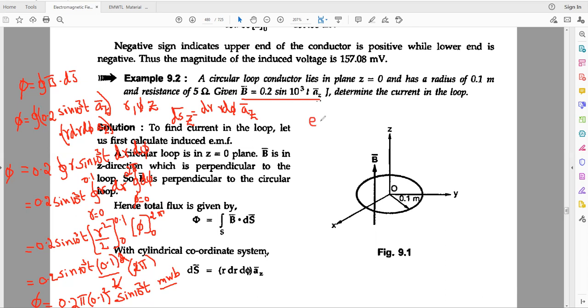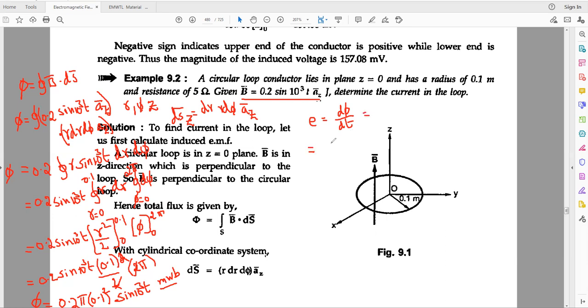The induced EMF, the E is equal to d phi by dt. You can apply the derivative with respect to t for this term.